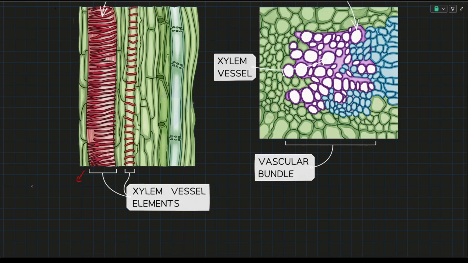Here we have something known as lignified cell walls. The reason being is that they prevent the vessels from collapsing. Lignin is a very hard, thick substance.